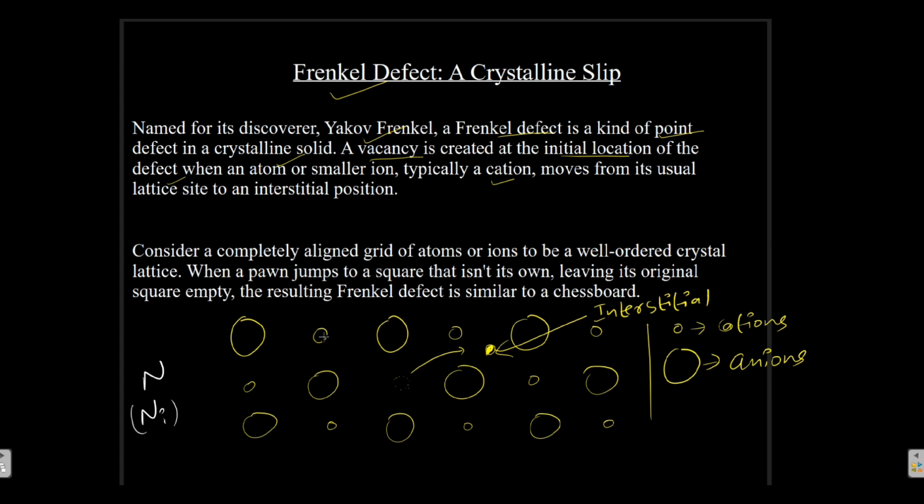Generally we consider the cation, that means smaller ions. So there are N total number of ions. Not only that, there are Ni total positions that it can occupy. This ion moved here, but it could move over here as well, or here. So there are total Ni positions that the ions could occupy.